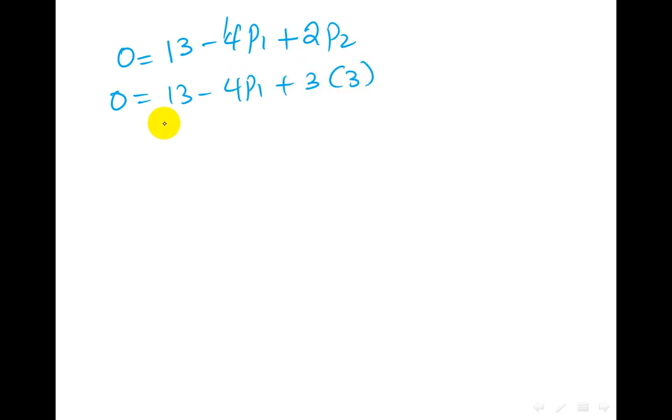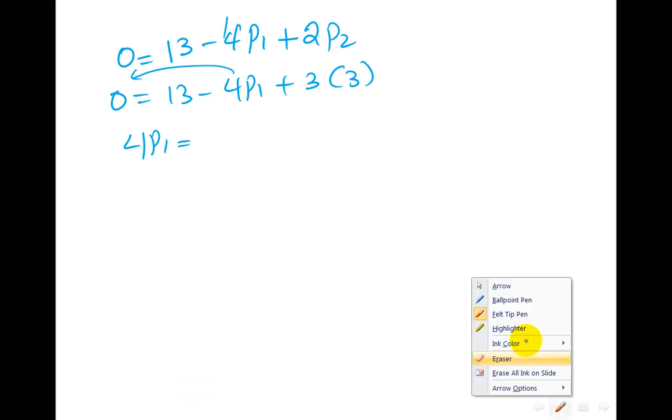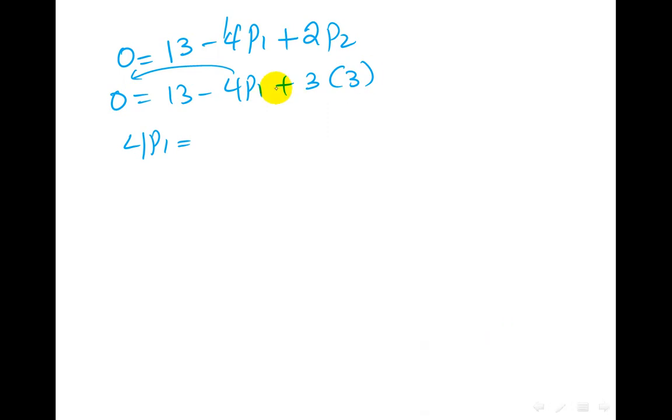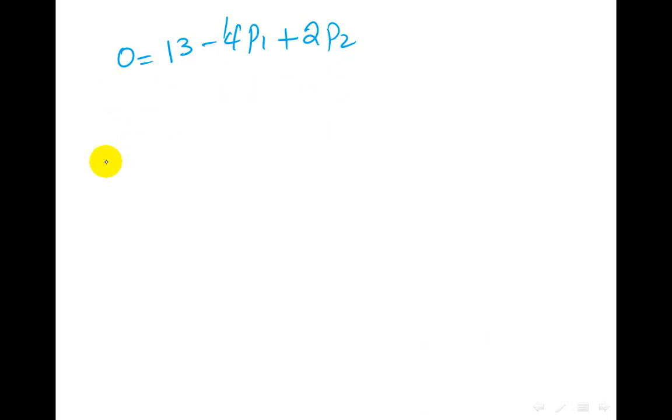Here you have 3, so bring this one back, it will be 4P1 equals... I'm sorry, I think I made a mistake when I was taking the numbers here. Let me just check what's wrong. You have 0 equals 13 minus 4P1 plus P2.